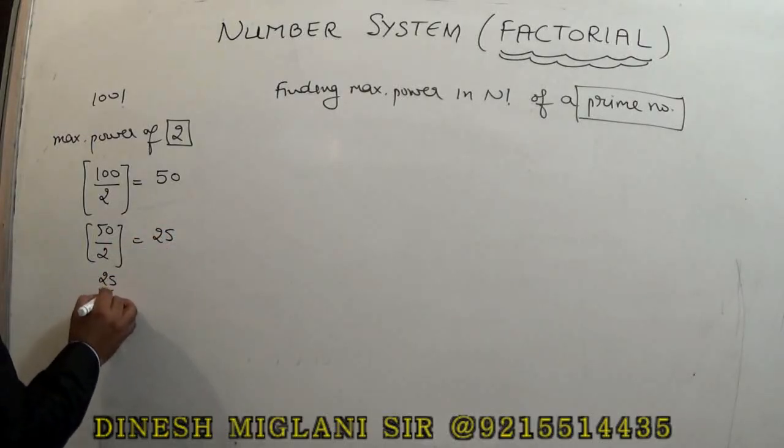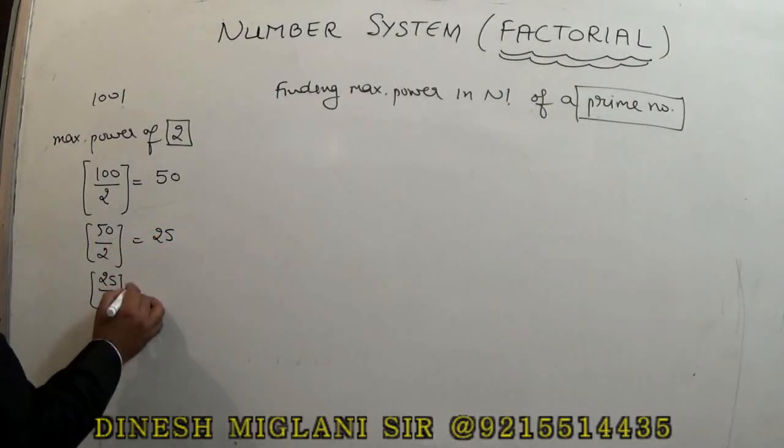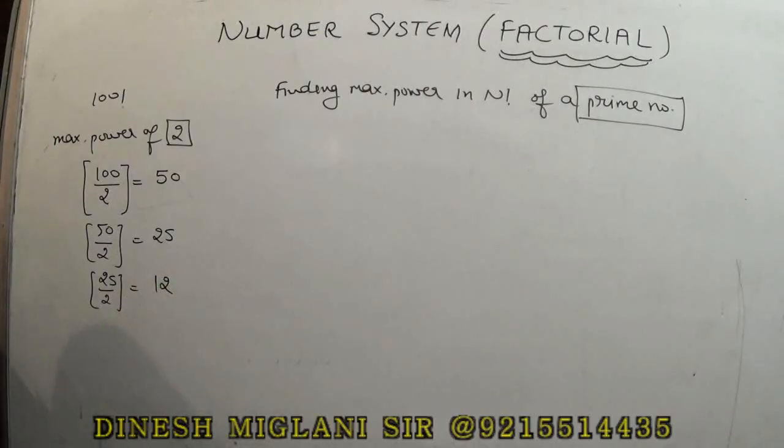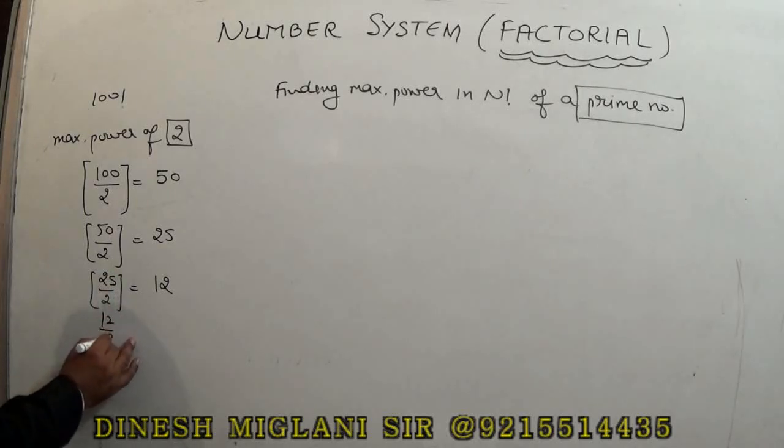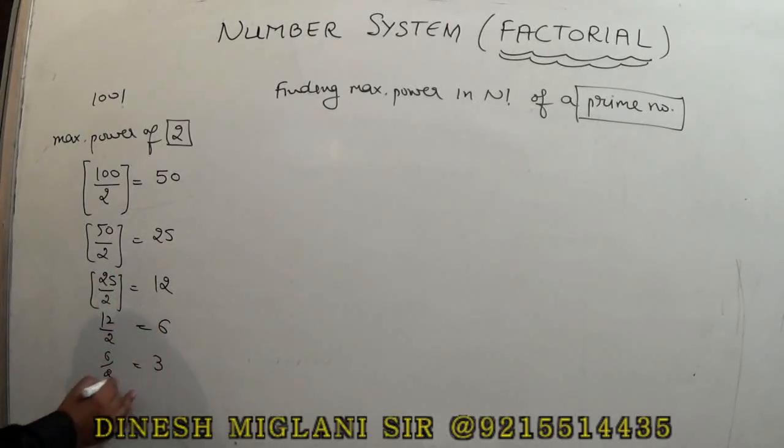Again 25 by 2, you get 12.5, or the integral part is 12. We try to divide until we get 1 or 0. After that 12 by 2, you get 6. 6 by 2, you get 3. 3 by 2, you get 1. And 1 by 2, you get 0.5, that would be 0.